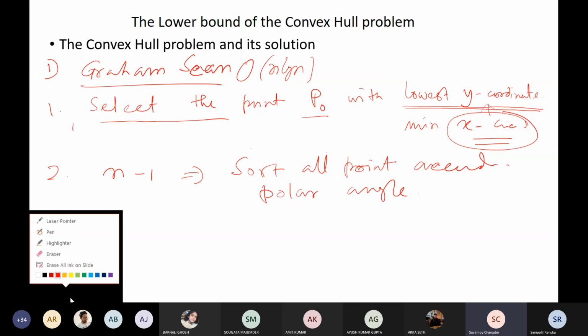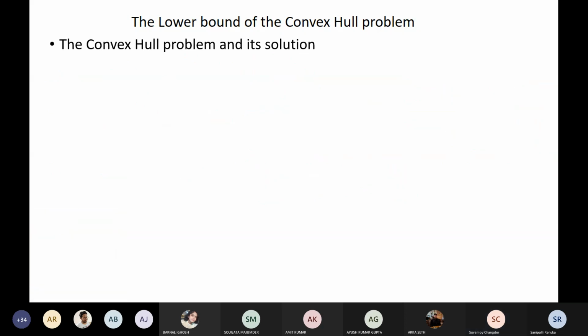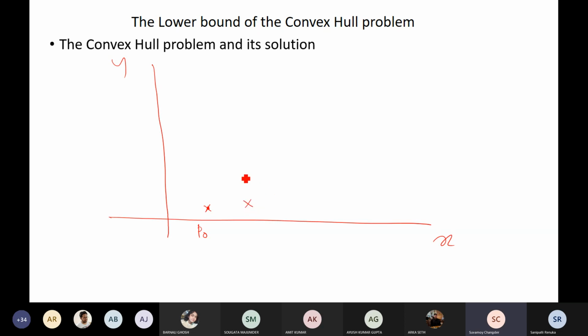So let us go for an example. Think about that this is the coordinate axis, x-axis and y-axis, and let we are having some points. Let us consider this is P0. Let this is P0, mark it, and we will consider this is the minimum y and minimum x among these. Then we are considering a few points, maybe like this.